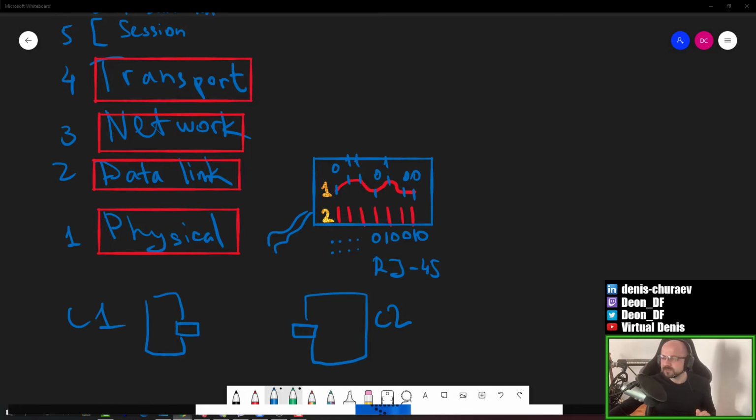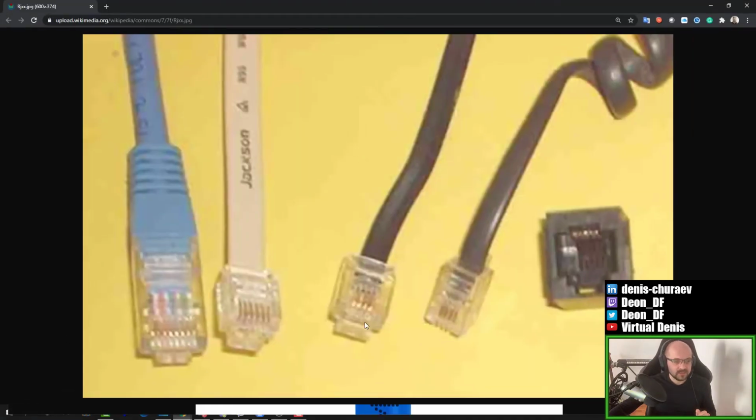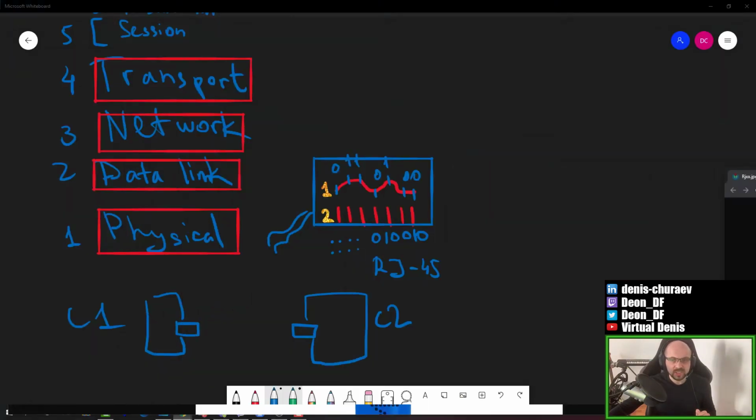Open image. Okay. So it's these kinds of connections. And RJ means registered jack, because it's actually some kind of standard. Jack is how we call the end of it, and registered is because it's registered. And 45 is a standard typically used for the network connection.